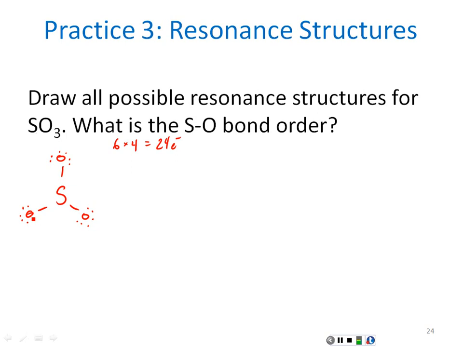Now, what's the problem with this structure? It's that sulfur doesn't have a complete octet. So we're going to have to take 1 non-bonding pair and make a double bond. So we'll show the double bond up top first.